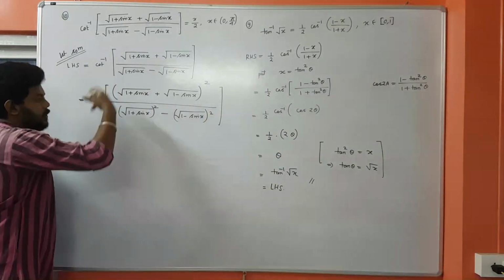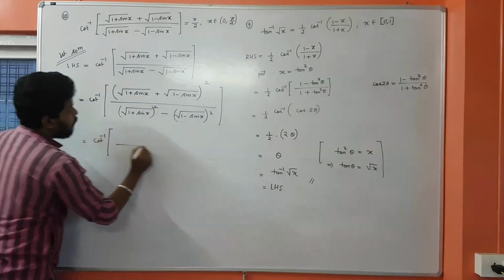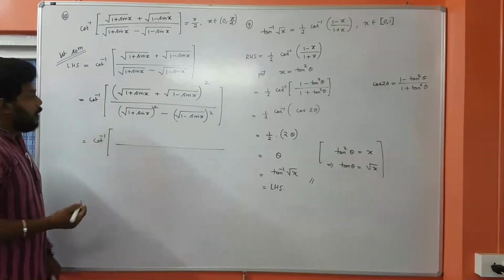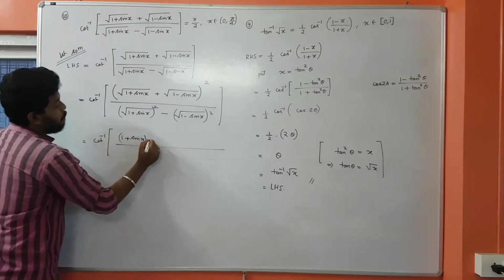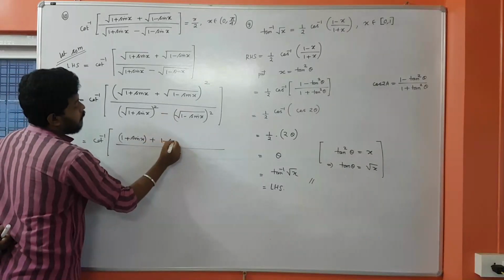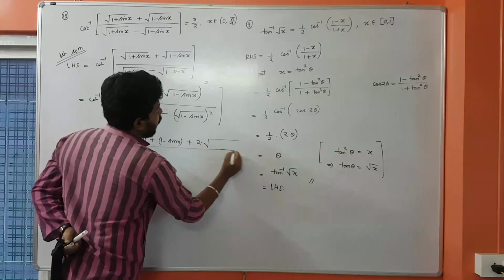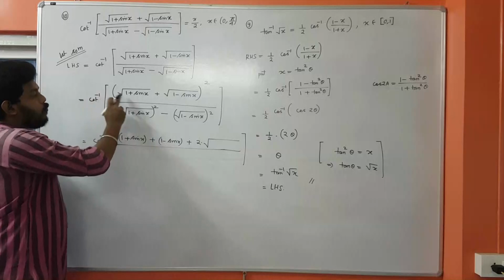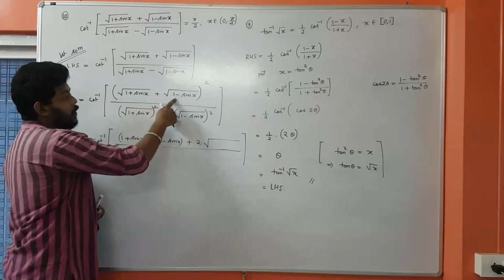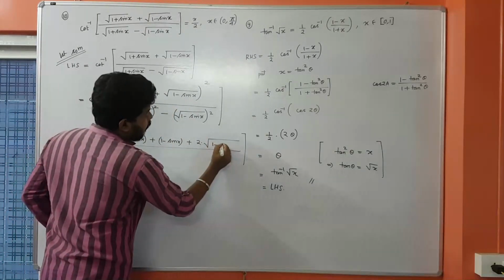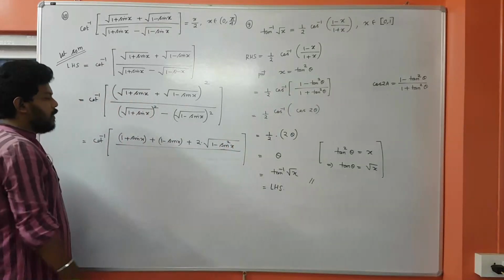Rationalize this, you get cot inverse of, what is a plus b whole square? A square, 1 plus sin x, b square, 1 minus sin x, plus twice ab, product of square root of 1 plus sin x into square root of 1 minus sin x. A plus b into a minus b, you will get a square minus b square.